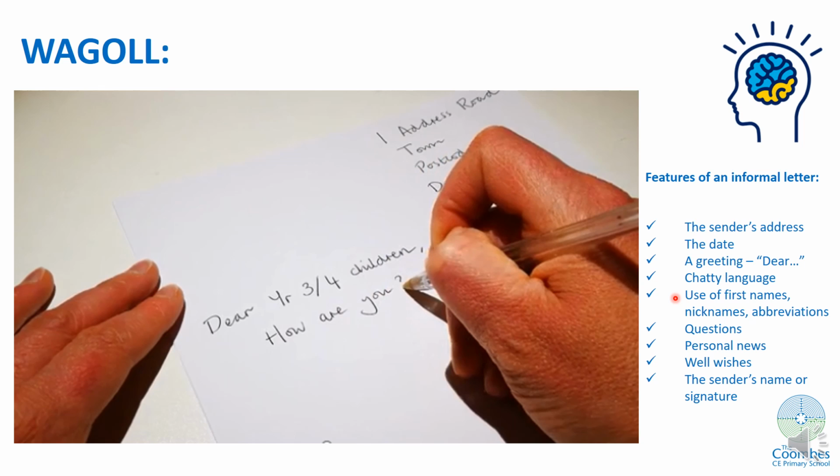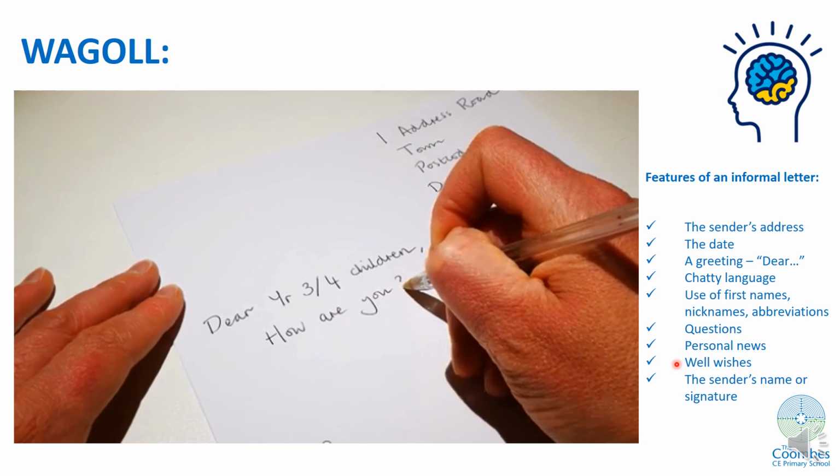Now, I couldn't use all of your names, but I did say Year 3-4 children, which would count as an abbreviation. I asked lots of questions in my letter. I was about to give you some more personal news. I just began that. And I wished you well. I started my letter by wishing you well, saying I hope that you were all well.